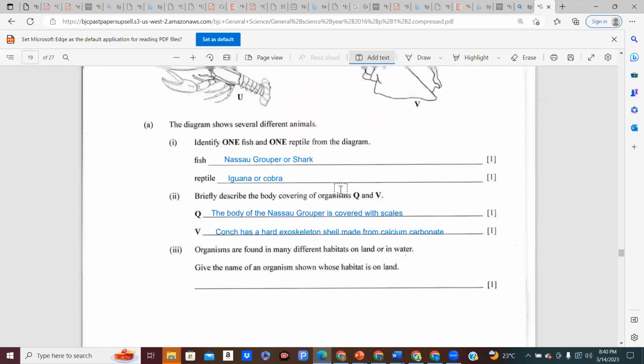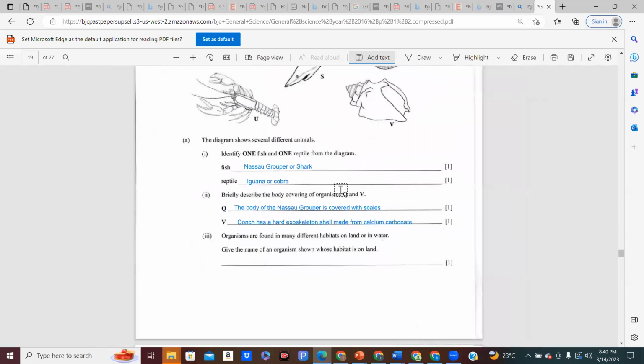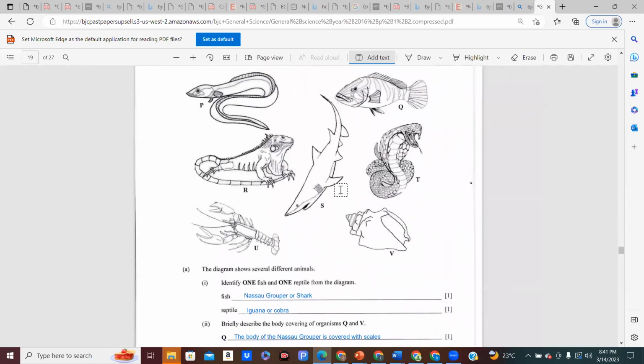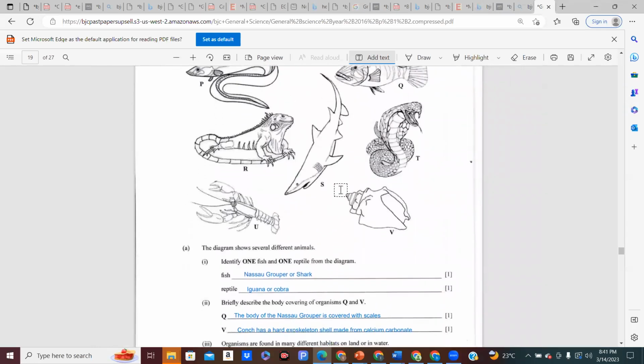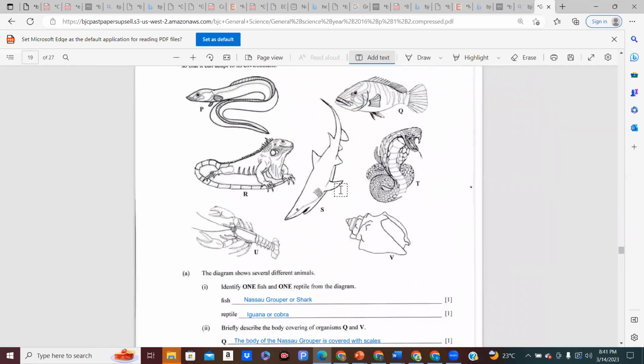Jasmine, which one of these animals live on land?